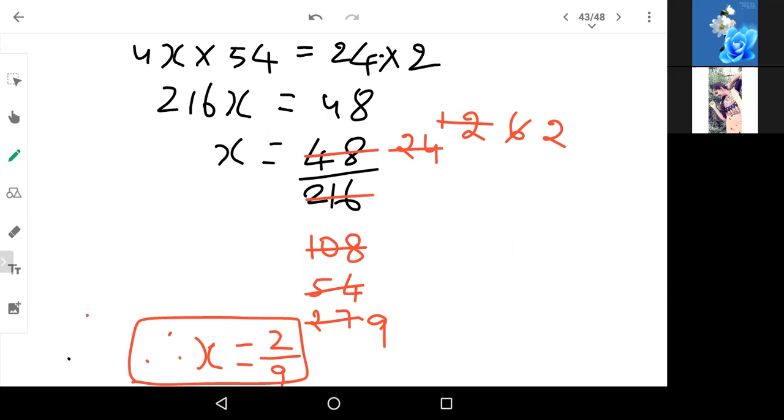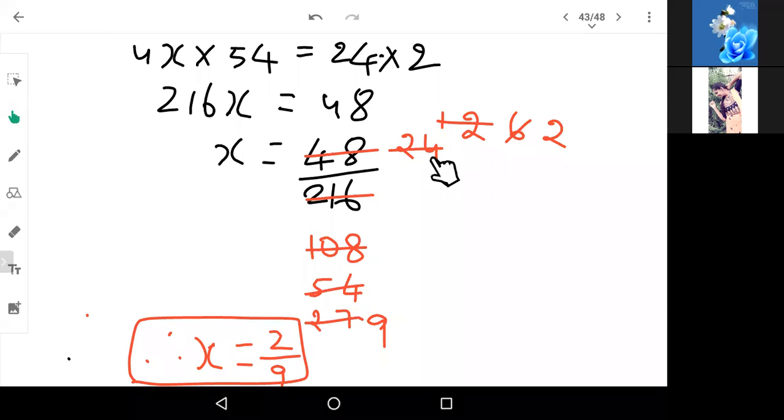Now how did I do this calculation? Just divide by 2 everywhere. First 2 4s are 8, 2 10s are 20, 1 carried over, 2 8s are 16. Second time, 2 1s are 2, 2 2s are 4, 2 5s are 10, 2 4s are 8.